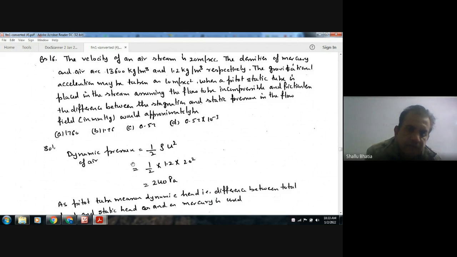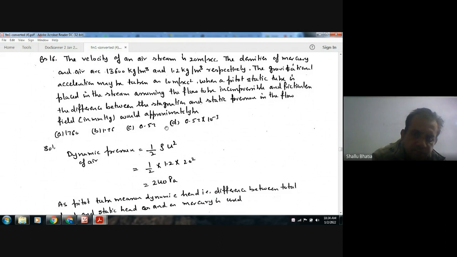The gravitational acceleration may be taken as 10 meter per second square. A pitot tube is placed in a stream, assuming the flow to be incompressible and frictionless. The difference between the stagnation and static pressure in the flow field would be approximately: option A 1760, option B 1.276, option C 0.57, option D 5.57.